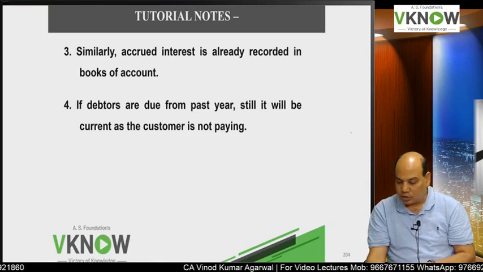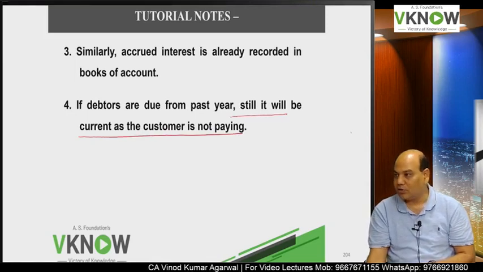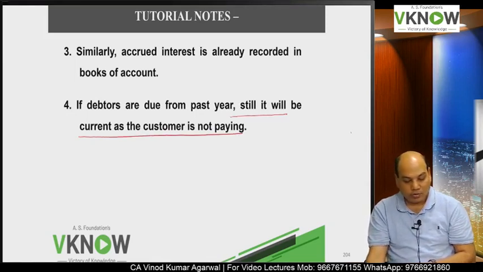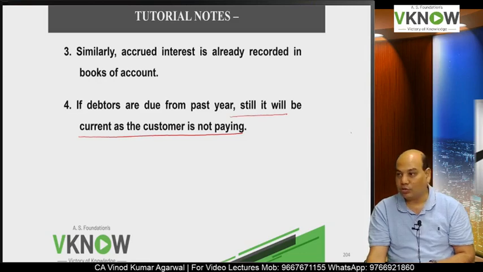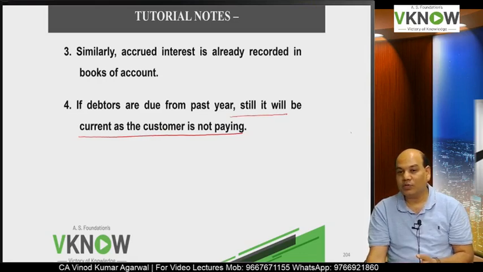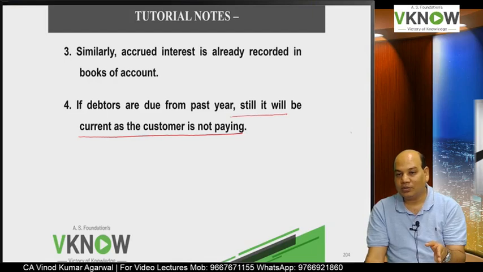And if debtors are due from past year, still it will be current as the customer is not paying. Because some student had asked this wonderful question. It is written debtors are due past 1 year. Just because it is due past 1 year does not mean it is non-current. He is not paying.